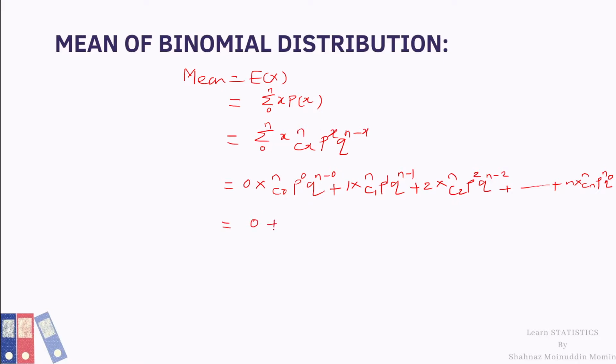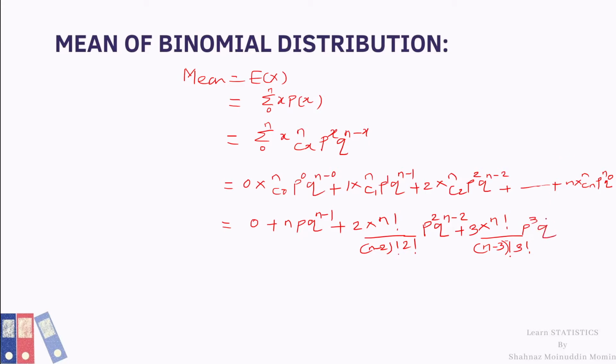First term is 0, nC1 is n, so the second term is n p q raised to n minus 1, plus 2 into the expansion of nC2, which is n factorial divided by n minus 2 factorial into 2 factorial, p square q raised to n minus 2, plus the next step is 3 into n factorial divided by n minus 3 factorial into 3 factorial, p raised to 3 q raised to n minus 3, and the last step is n into 1 into p raised to n.